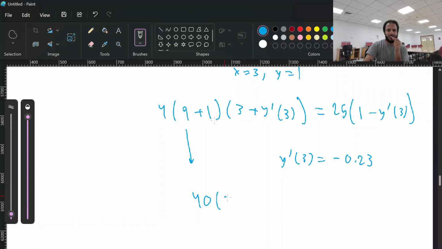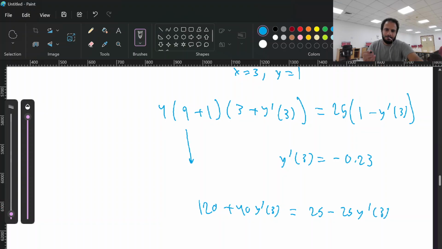So 4 times 10 times (3 plus y prime). Let's multiply 40 inside. It will be 120 plus 40 y prime equals 25 times 3 minus 25 y prime.